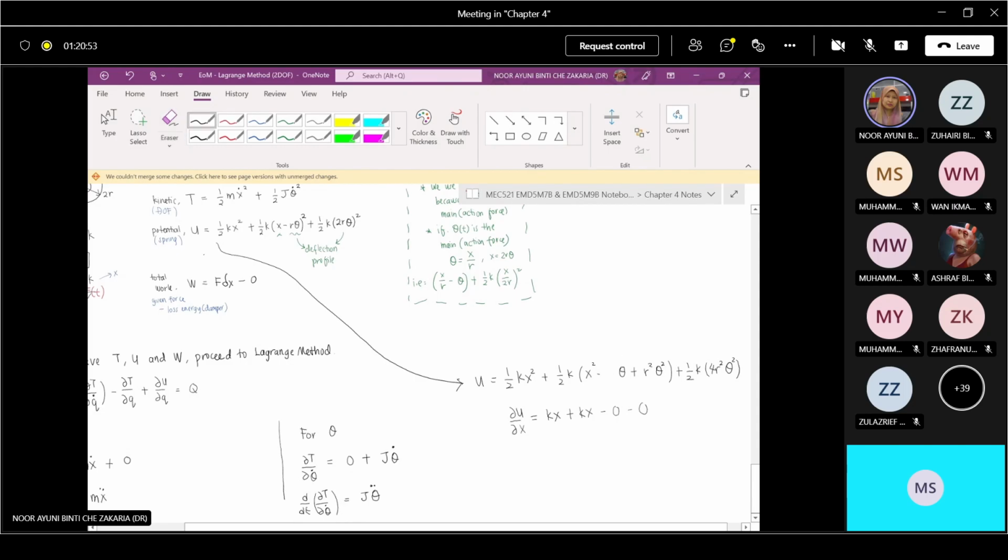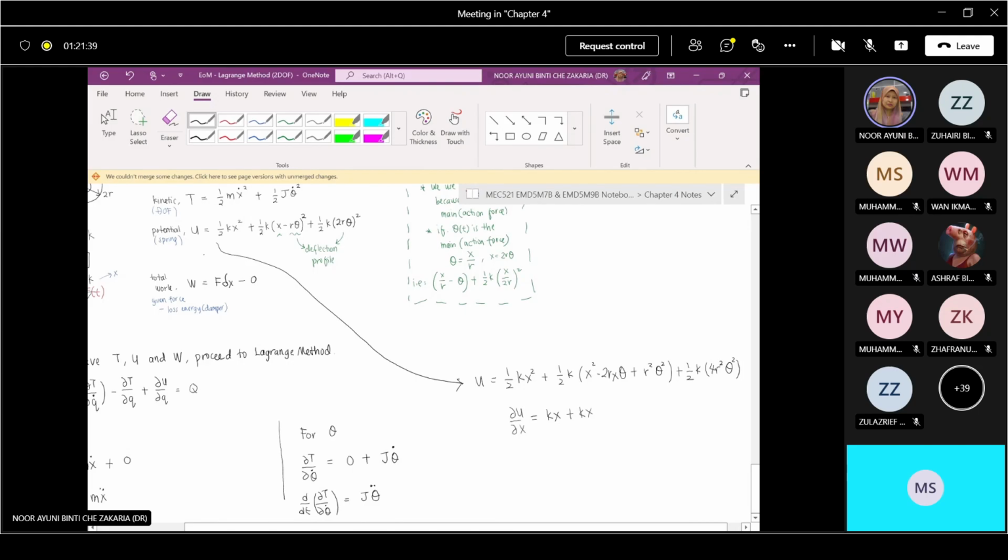Betul ke? So we have 2 Rx with theta. Then we have k r with theta. Plus 0. Saya start balik. Salah.